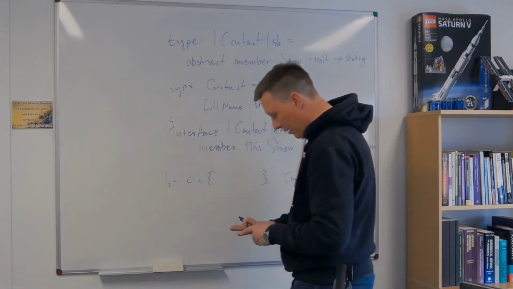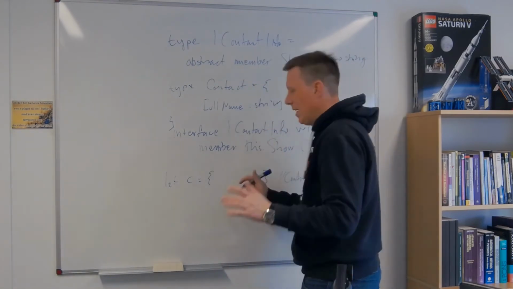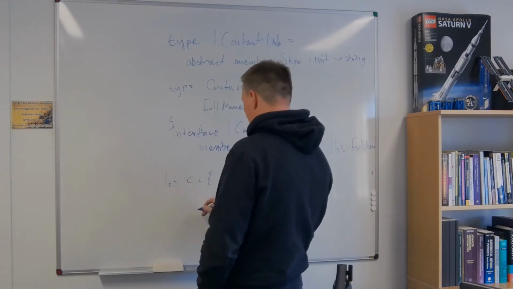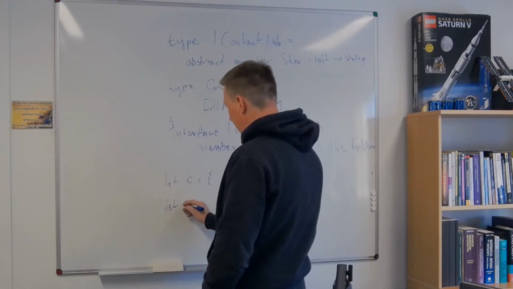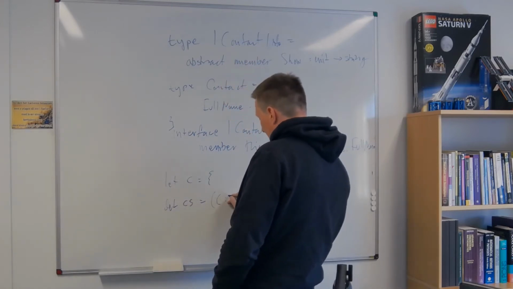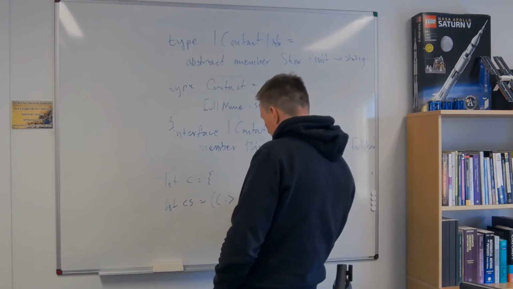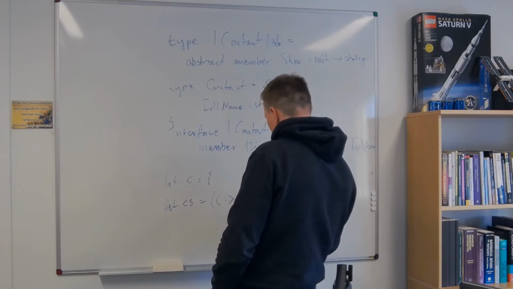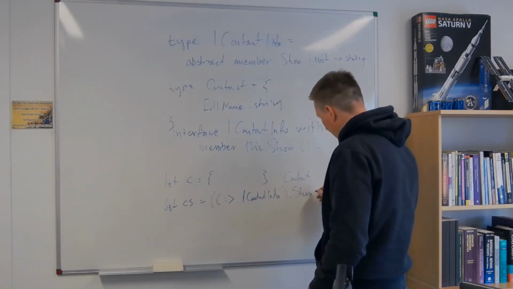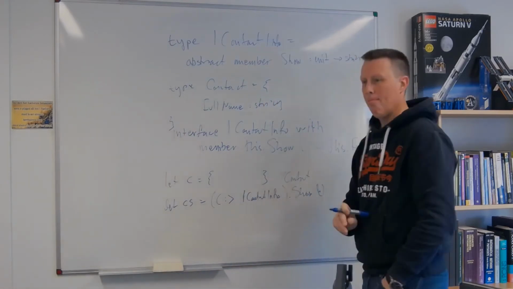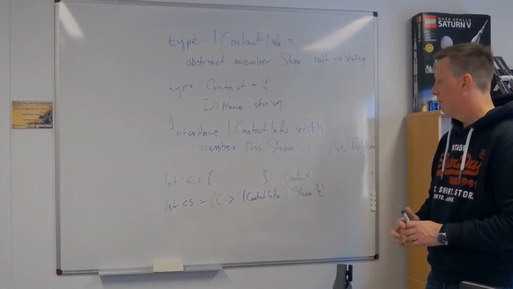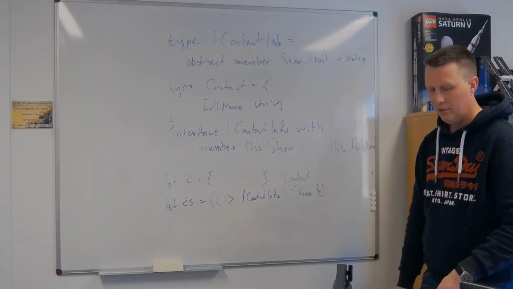I think the compiler could figure it out for us, but for some reason it doesn't. So if I want to call the show on it, I said let c string equals, I need to say c upcast to I contact info dot show. A bit annoying, but c'est la vie.